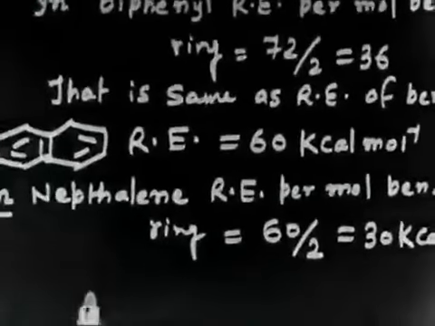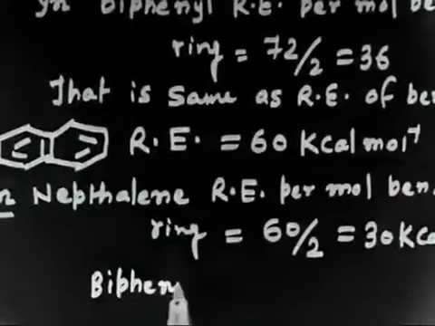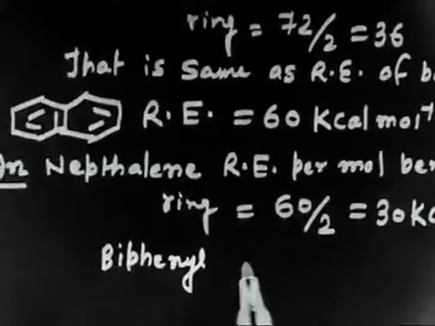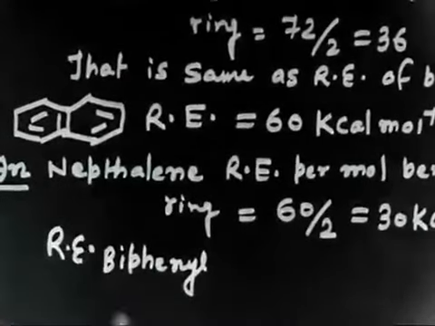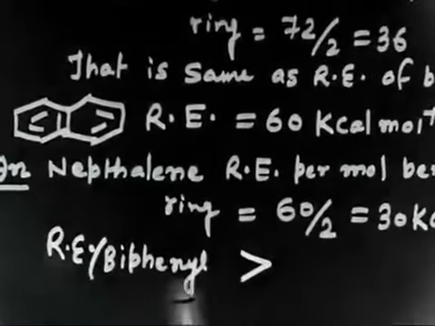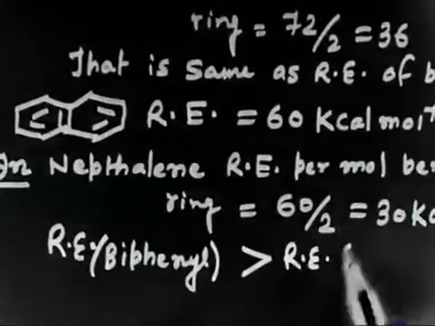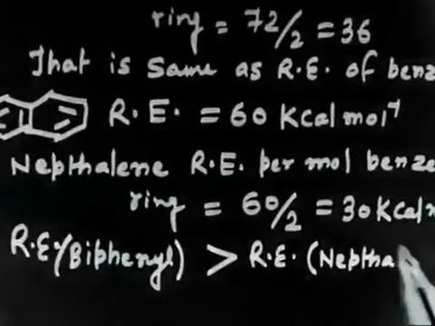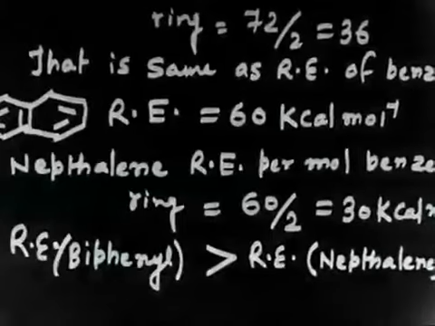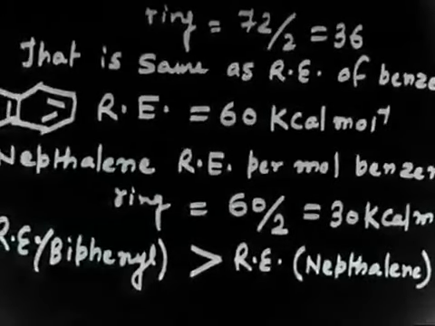So I can say biphenyl has more resonance energy: the resonance energy of biphenyl is greater than the resonance energy of naphthalene, if you compare per mole of benzene ring, and this is obvious, it should be.